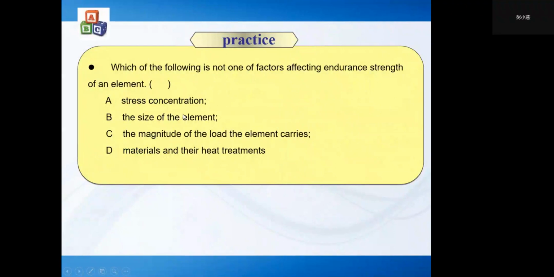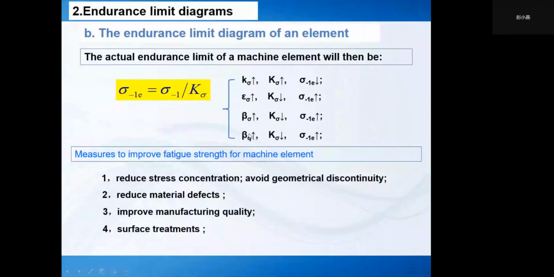For the size of the element, we have the size factor epsilon sigma. For materials and their heat treatment, heat treatment will use this beta Q to increase it.